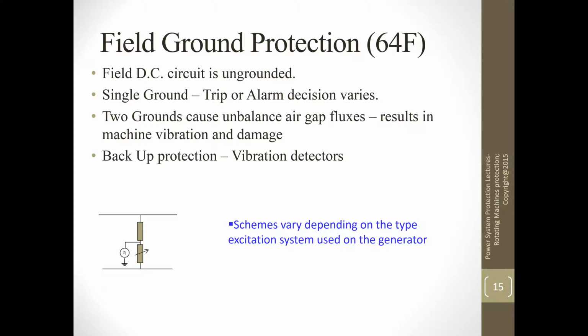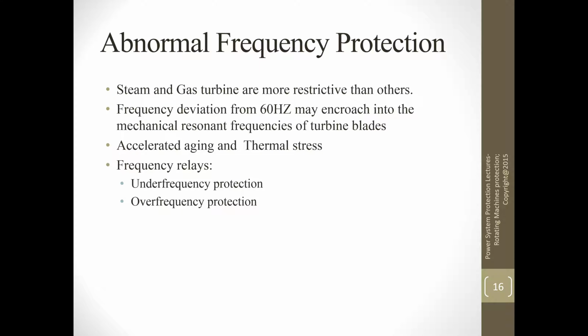And recent microprocessor relays have other functionalities which look at the ratio of the negative sequence voltages on the stator side and determine if there is a fault on the stator or a ground on the rotor.